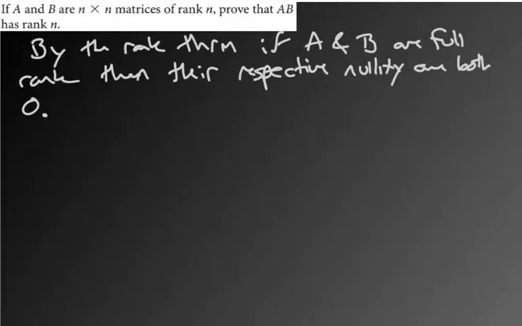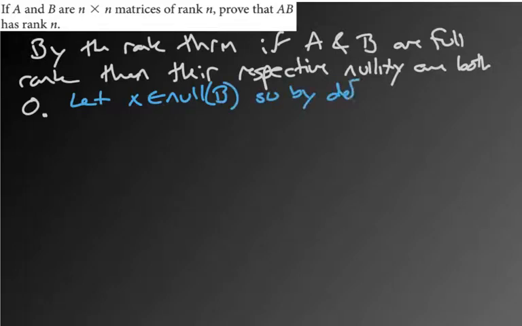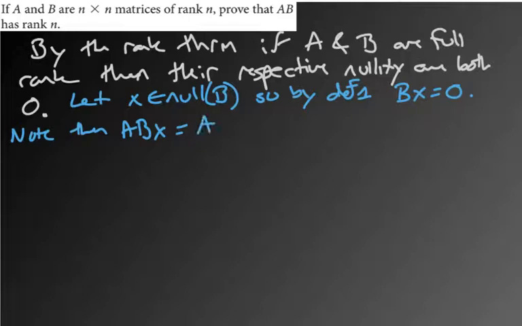So now I'm going to let x be in the null space of B. So by definition, Bx equals 0. Note then that ABx equals A times 0, right?